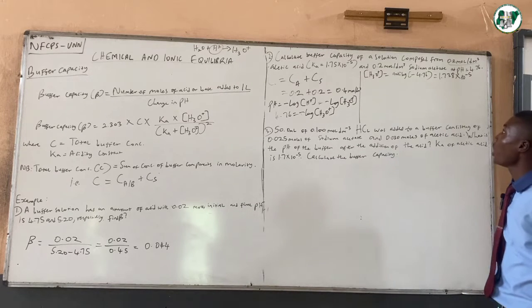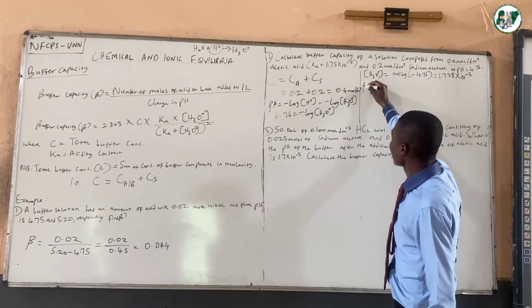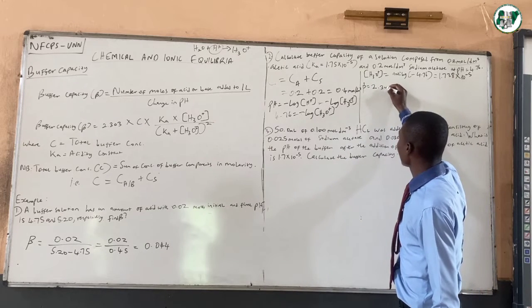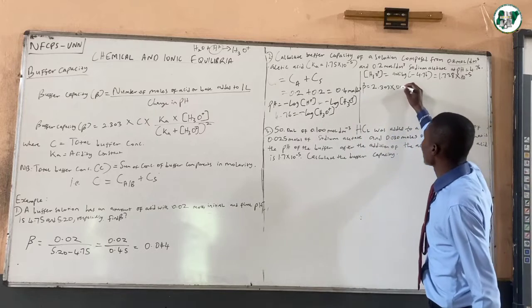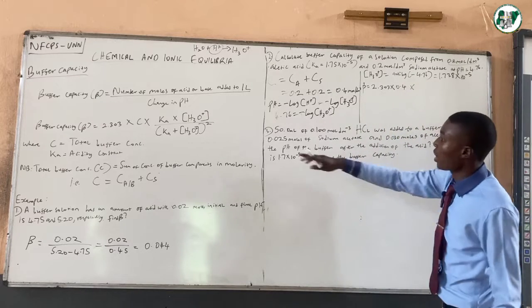So we can now calculate our buffer capacity. Our buffer capacity is equal to 2.303 times our C. What's our C? 0.4. So that is 0.4 times, what's our Ka?